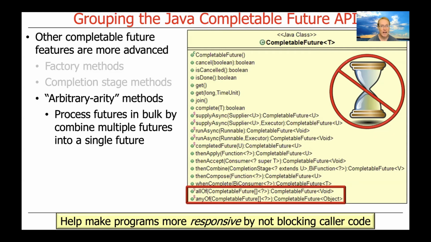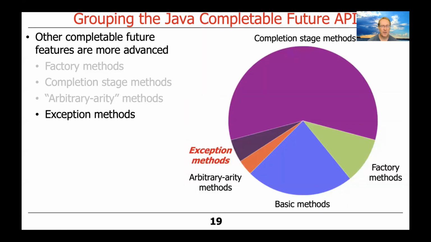And they're actually really powerful. Now, you're going to end up using the arbitrary-arity method all of in your programming assignment that you're working on now, except that it's going to be wrapped up in this really cool thing called the future stream collector. And we'll talk more about that later when we talk about arbitrary-arity methods in more detail.